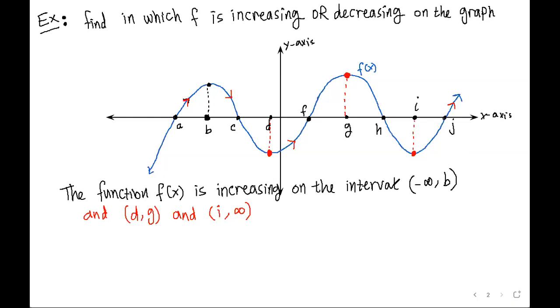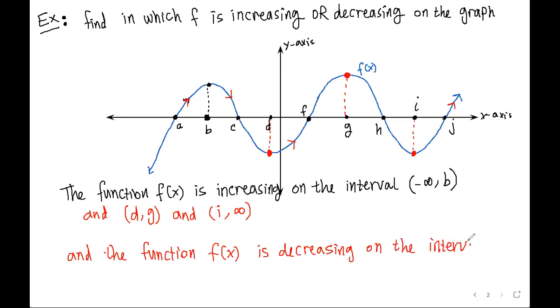So the function is increasing on these intervals, and the function f of x is decreasing on the interval from this point until this point D, from B to D, from B comma D, and also decreasing from this point here, G to I, G comma I. And what else?